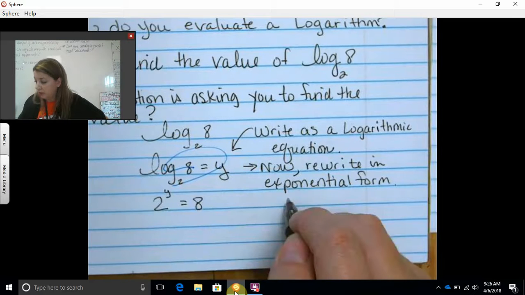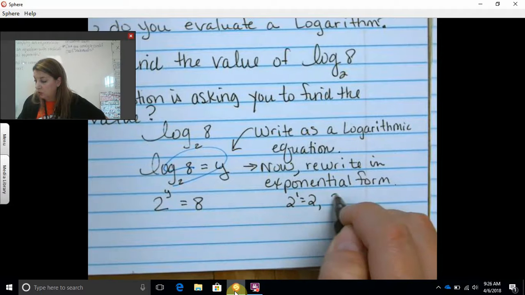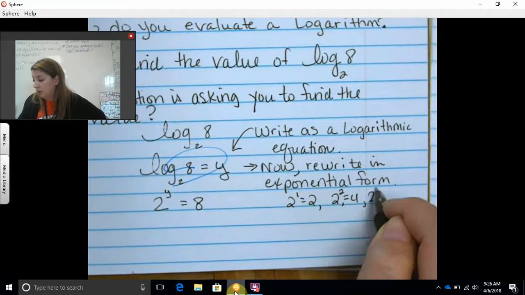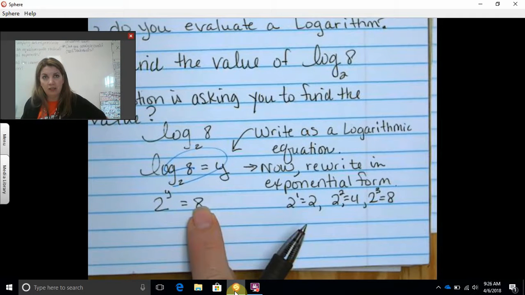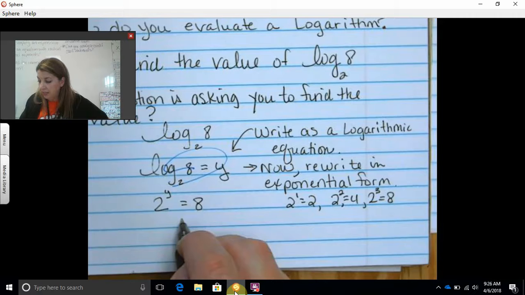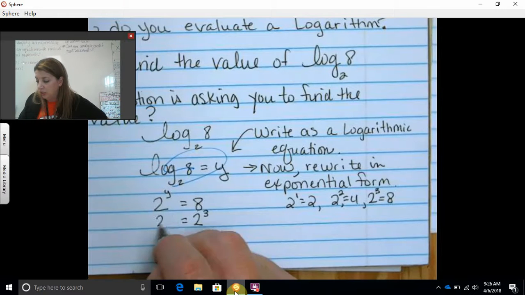What's 2 to the first power? 2. What's 2 to the second power? 4. What's 2 to the third power? 8. So we can write 8 with a base of 2, right? So if we wrote 8 as an exponent, it would be 2 cubed.